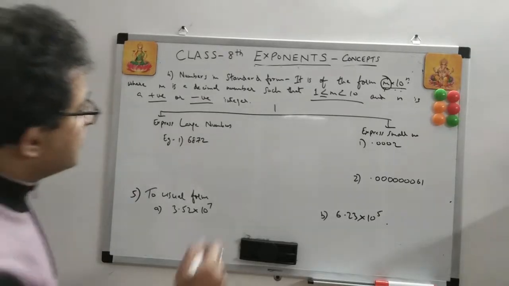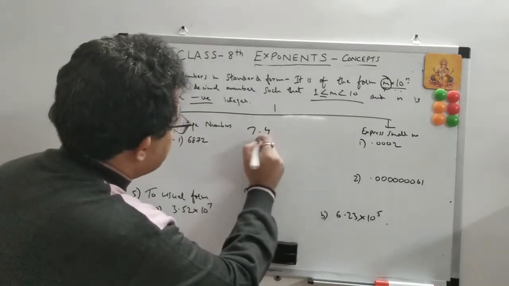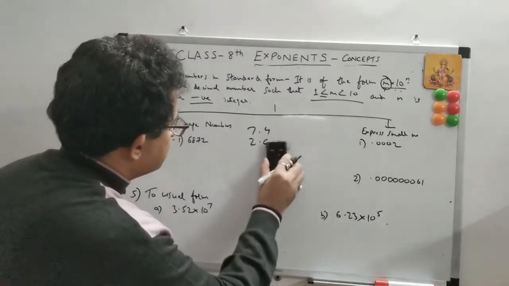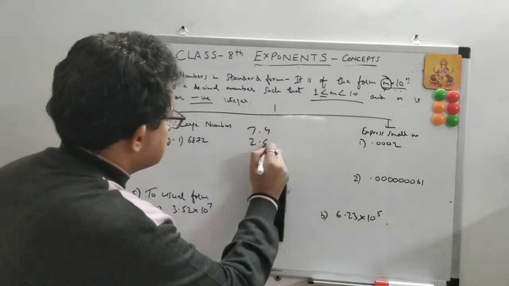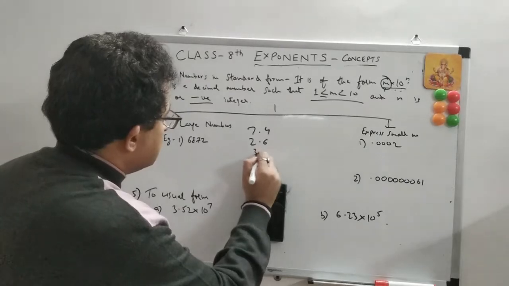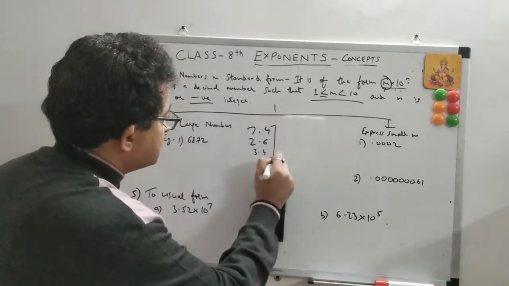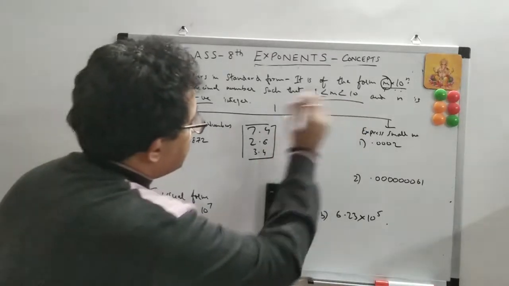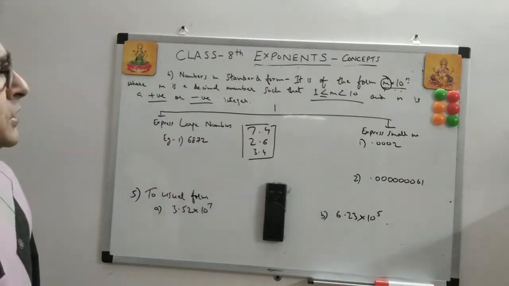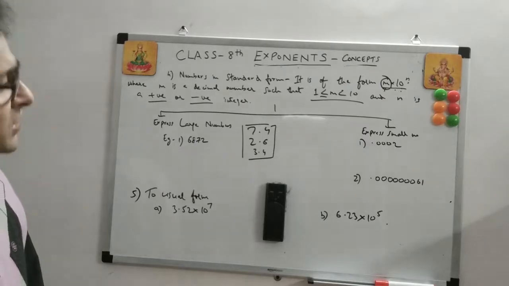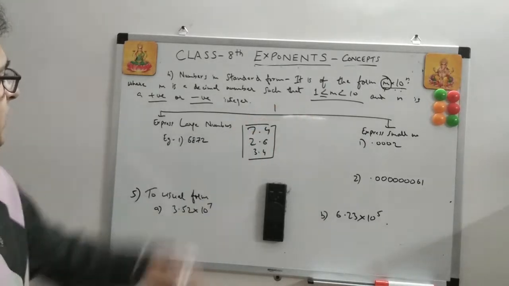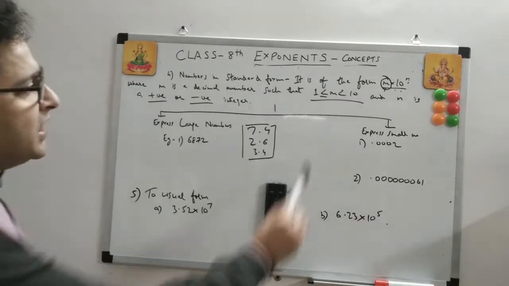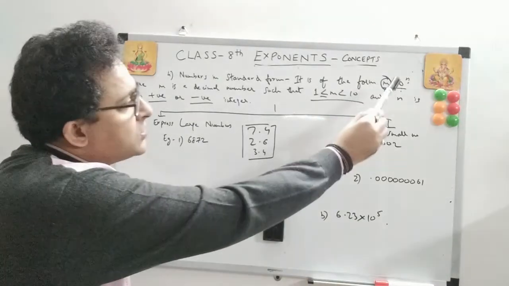So it can be 7.4, 2.6, 3.4, anything which is a decimal number, right? But it should be between 1 and 10, and should not be greater than 10 and should not be less than 1, right? That's m into 10 to the power n.